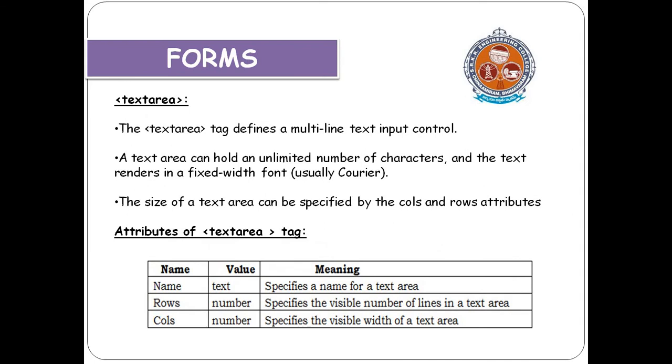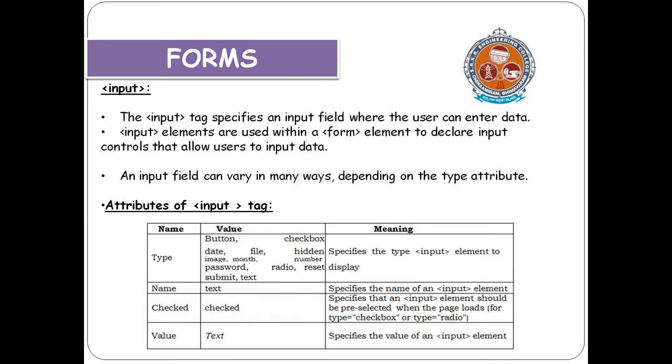Whenever you click on login, a web page opens. In that, username and password are both input fields. In them the user enters the input data. For that purpose the input tag is used.